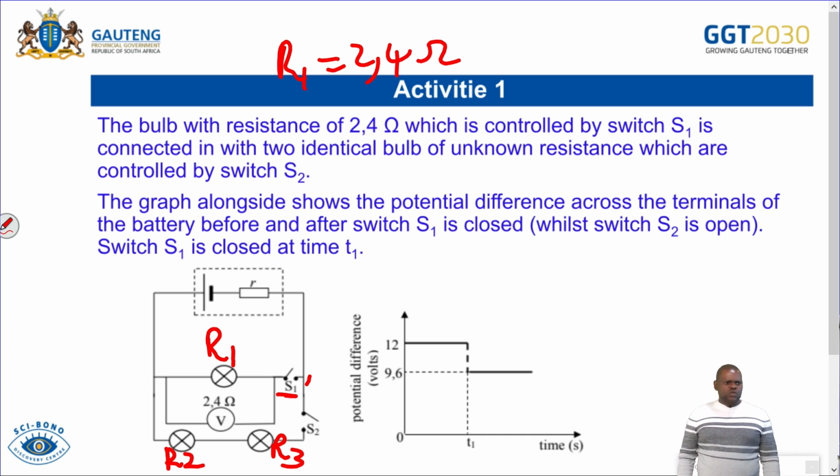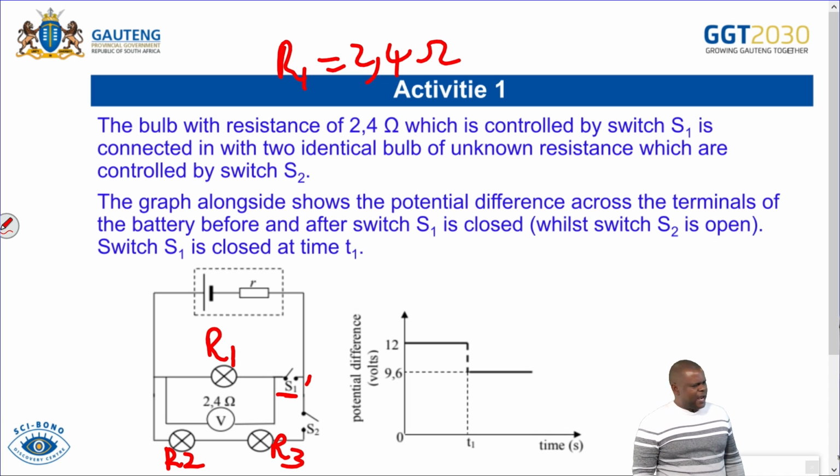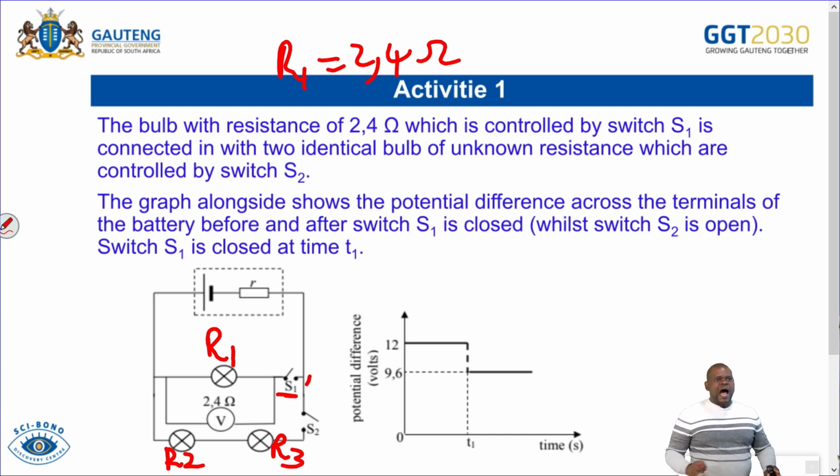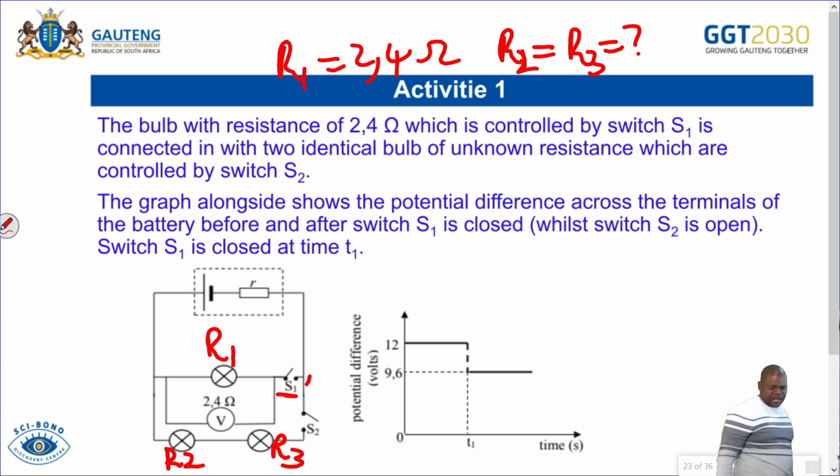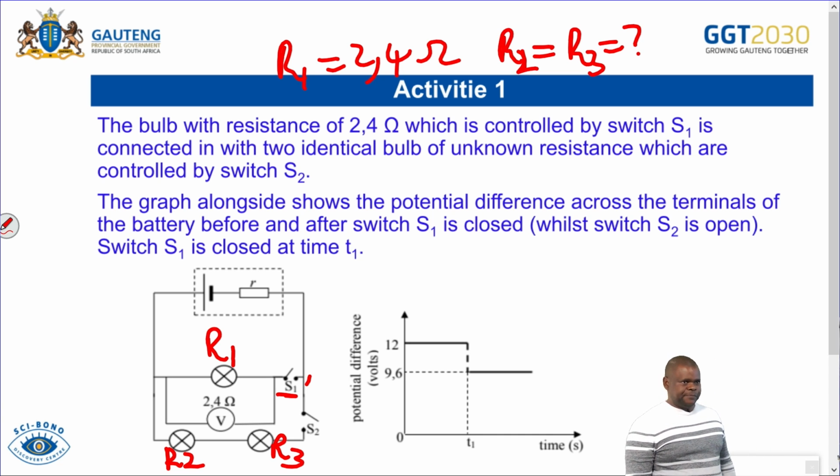We don't know the resistance of R2 and R3. What we know is R2 and R3 are identical, so R2 is equal to R3, which we don't know how much each resistance is.